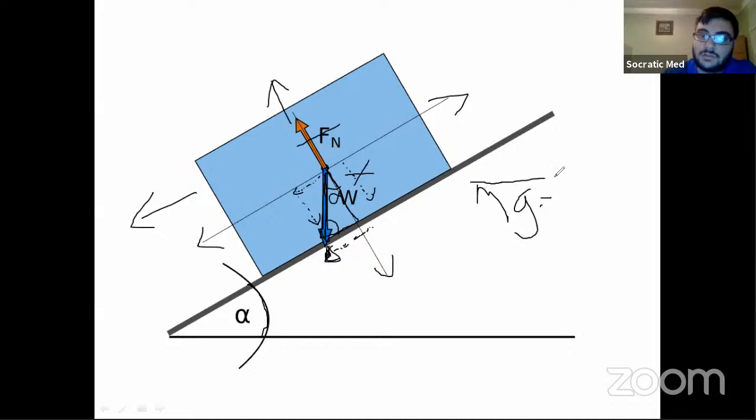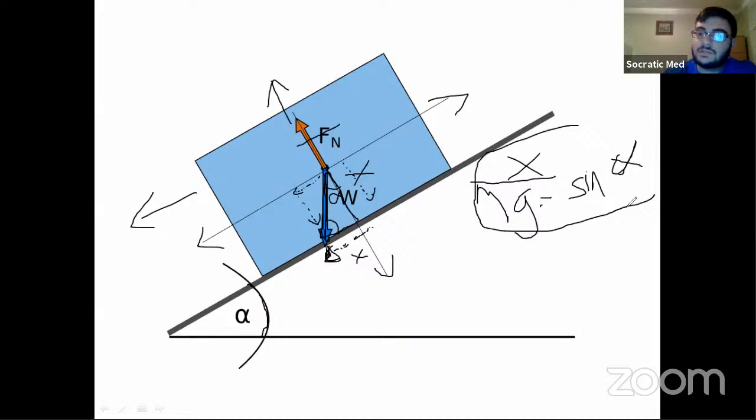This is the hypotenuse. This is the opposite we're looking for, so we'll just call it x, and it's equal to sine alpha or theta or whatever this angle is, right? And this is how you do it. If we want to solve for x, it's just mg sine alpha is equal to this x component.